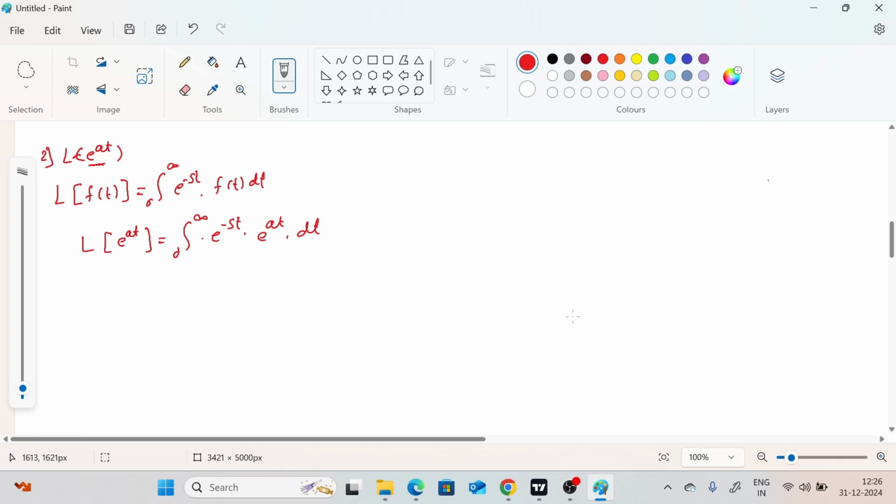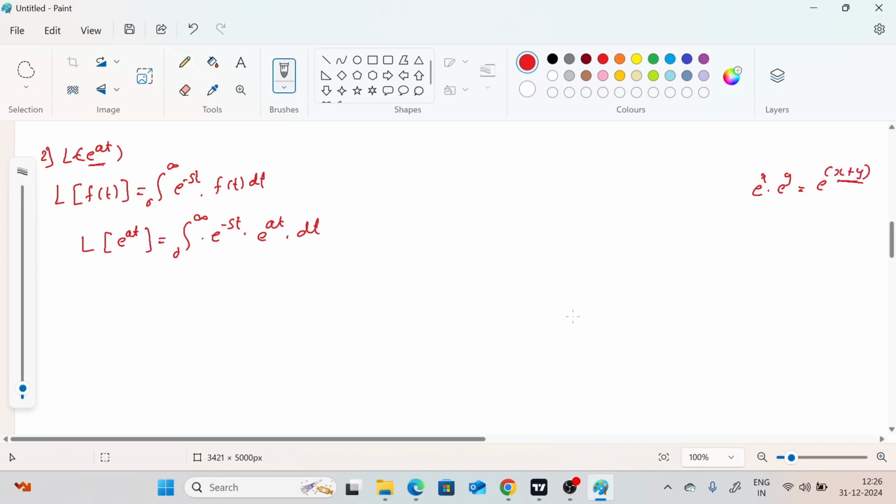In 11th and 12th, we learned that when we have the common base, we can add the values which are in the exponents: e raised to x times e raised to y is equal to e raised to x plus y.